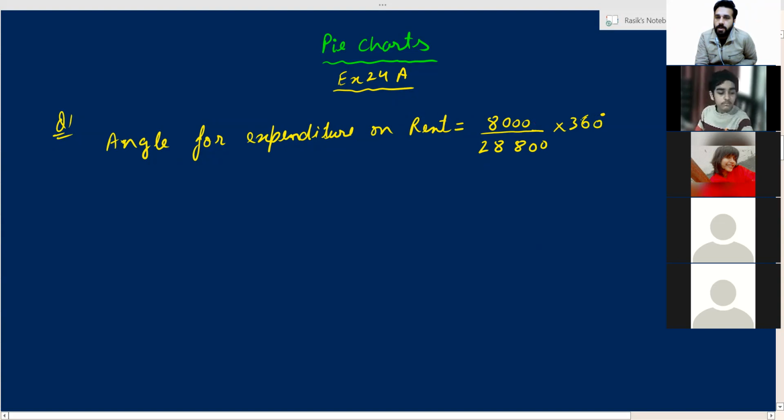Why are we multiplying by 360? Because we are finding the angle, and the angle is calculated out of 360 degrees. This is how you will get the particular angle.